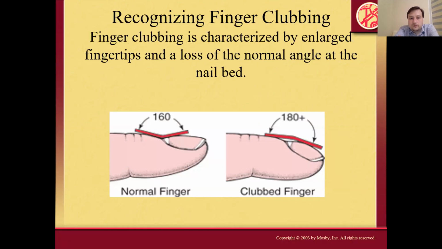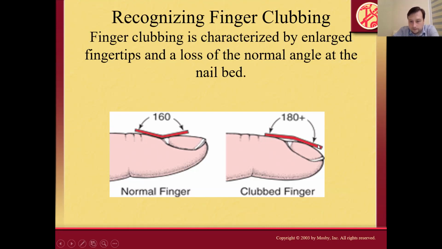Clubbing fingers. What is clubbing and how do we describe it? Finger clubbing is characterized by enlarged fingertips and the loss of the normal angle at the nail bed. In the picture you see a normal finger and a clubbed finger.